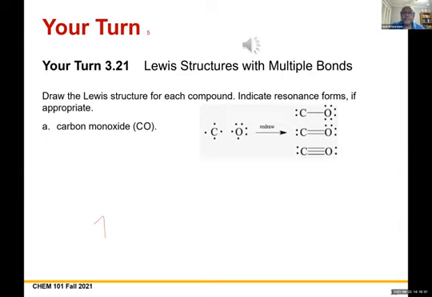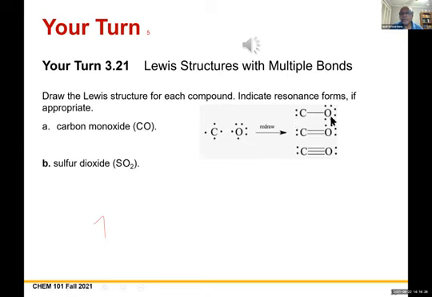We're going to look into Lewis structures with multiple bonds. Carbon monoxide: carbon has 4 valence electrons, oxygen has 6 electrons. Then you connect the carbon with the oxygen. This is what we have.